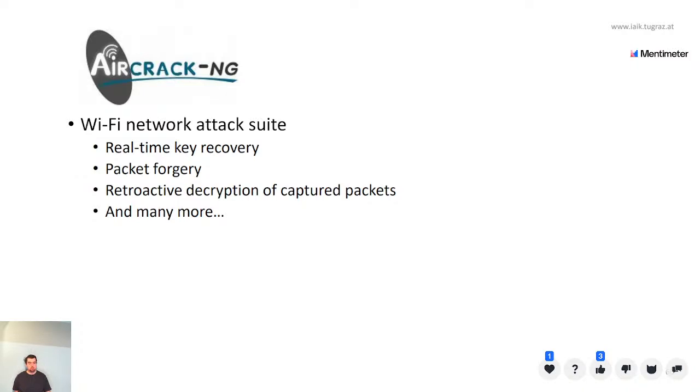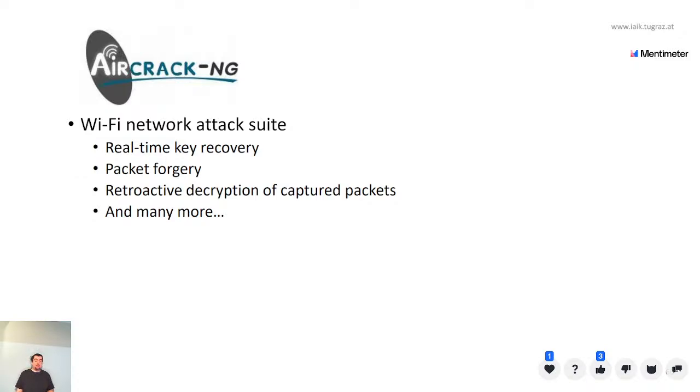Then over time it grew into a Wi-Fi attack suite. It does real-time key recovery. For example, if you are using WPA2, it can do the dictionary attacks that we talked about in the lecture, where you capture handshakes and then apply a rainbow table to figure out the password, if it's a common password and SSID combination.